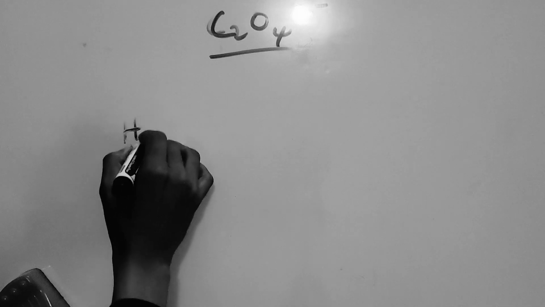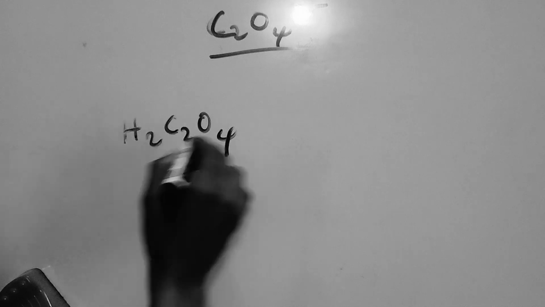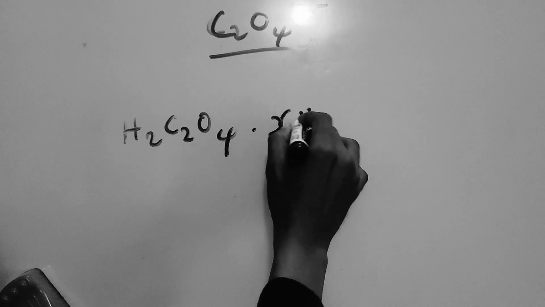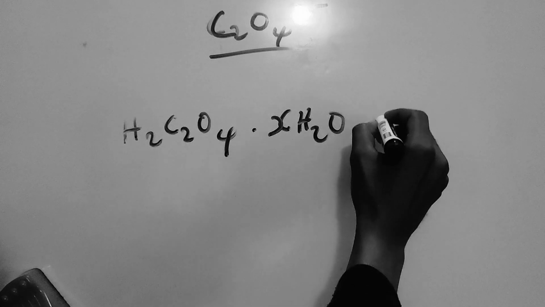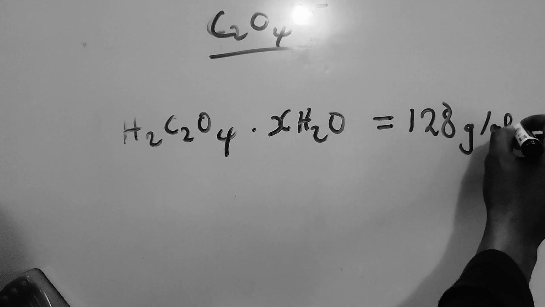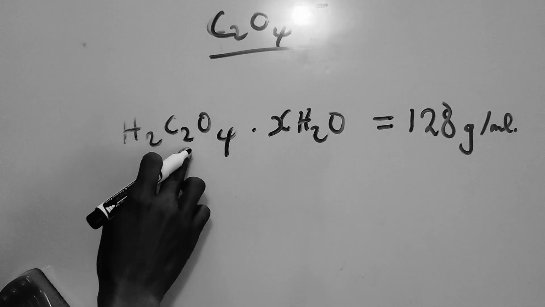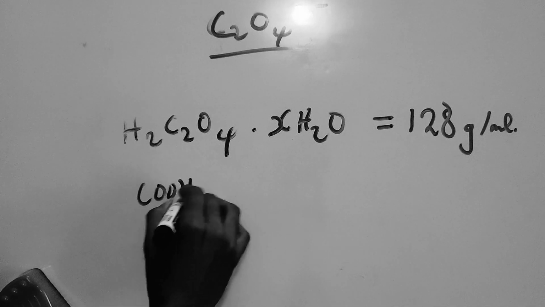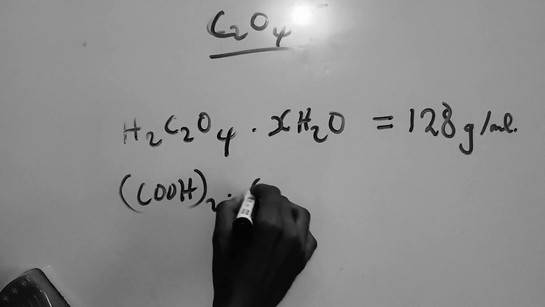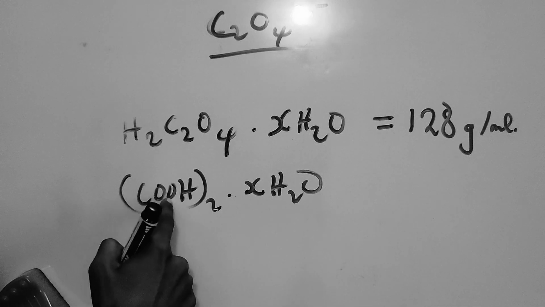This is oxalic acid, H2C2O4. All right, this is oxalic acid, but that's water. So you're going to equate the 128 gram per mole you just got. That's the total weight. Okay, this is what you do. Please don't confuse yourself with this. This is just xH2O, water. This is C2, this is 2 times 2.